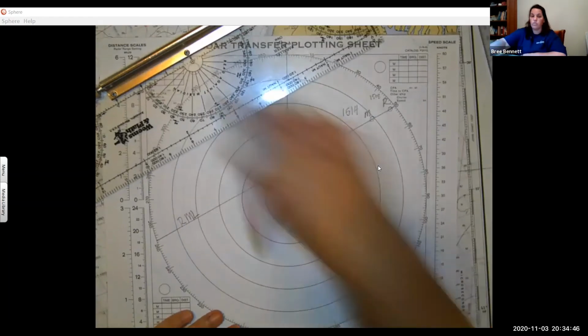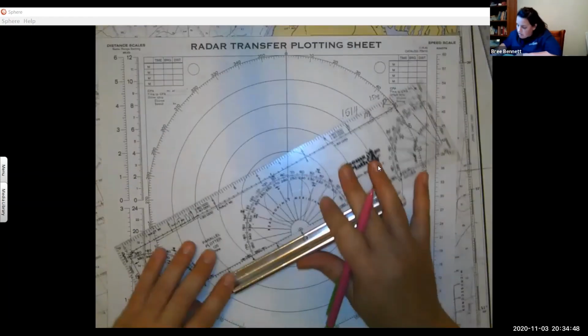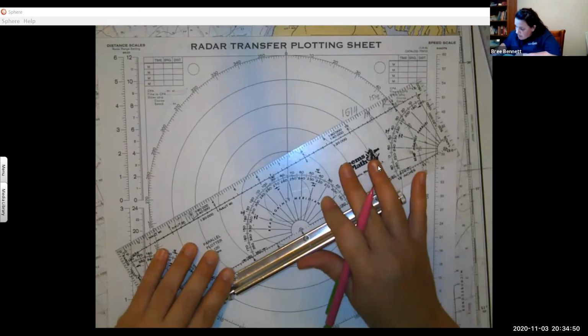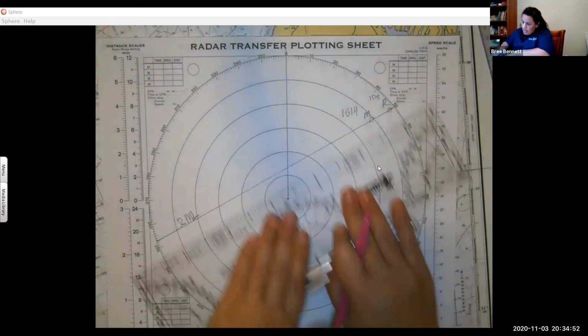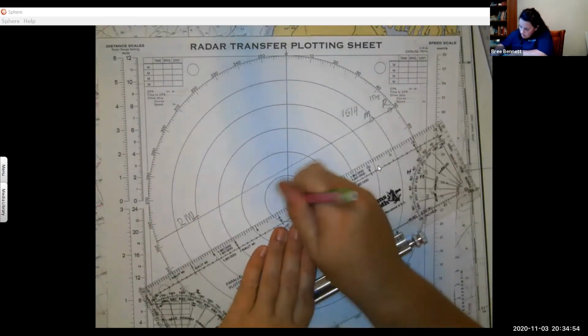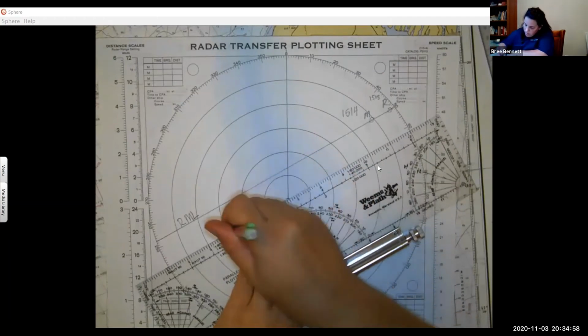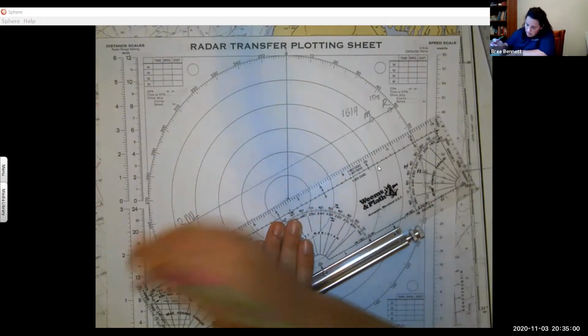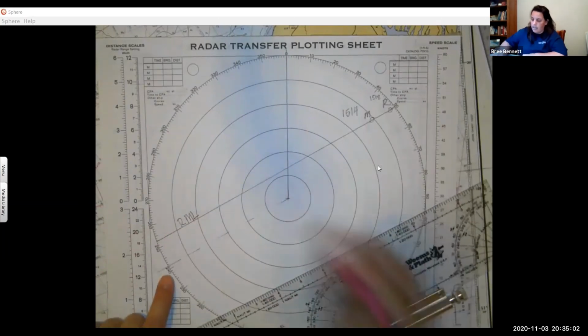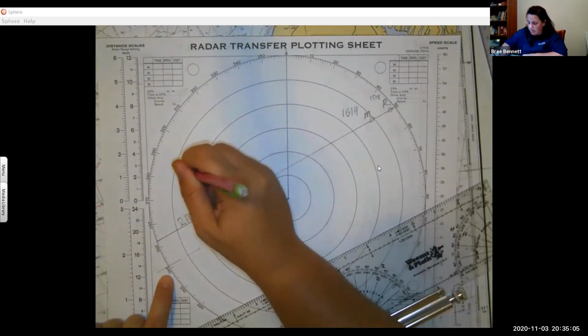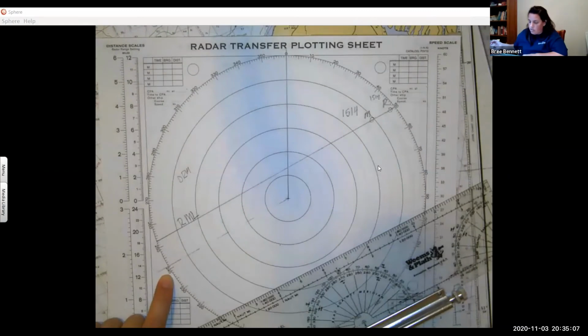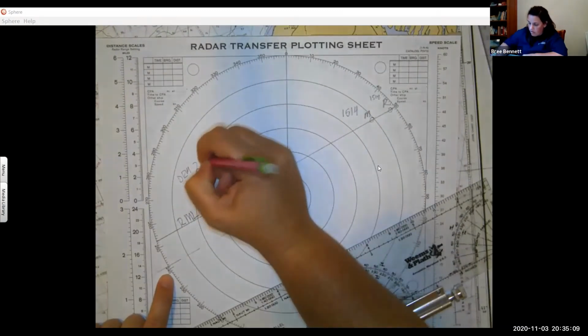And we want our direction of relative motion. So I'm going to parallel that line back down to the center. And I get a direction of relative motion of 241.